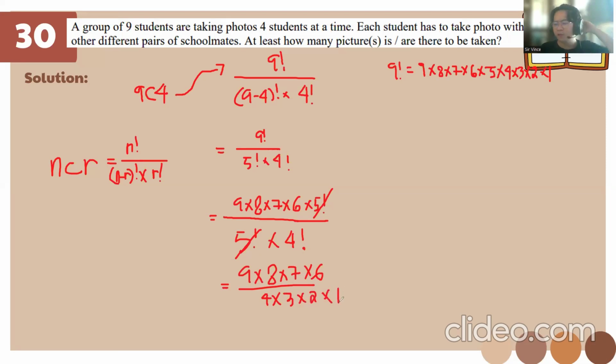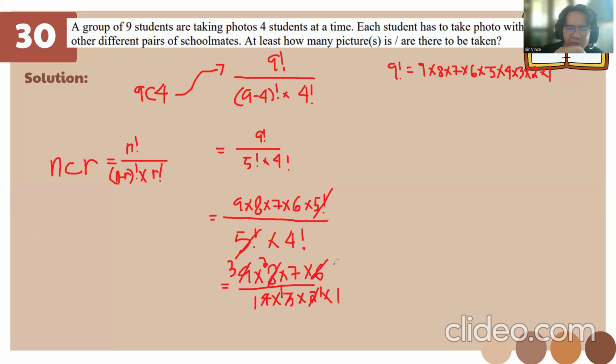Okay? So for this part, class, we can reduce to the lowest terms. So we can make 9 and 3 here as 3 and 1. We can make 8 here as, rather, 2. Then 4 here as 1. Then 2 here becomes 1.